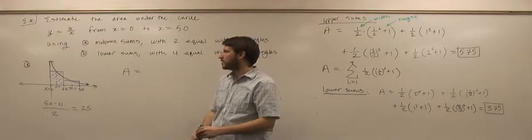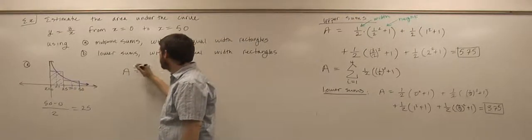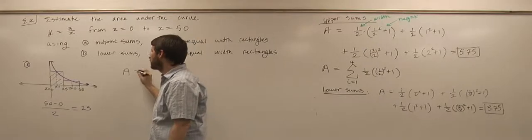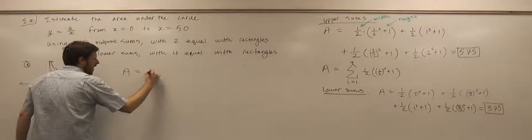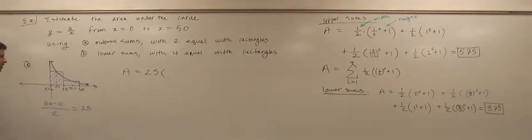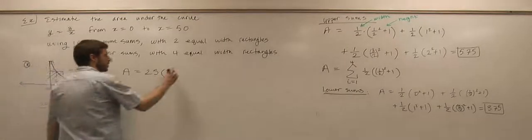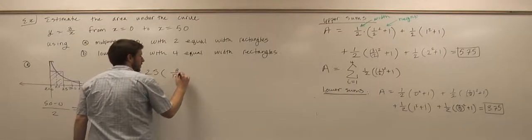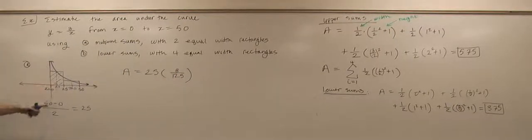So the area here is approximately what? What's the width of my rectangle? 25. What's the height of my rectangle? You have to plug in 12.5 to the function, right? So 3 over 12.5. That's my first rectangle.